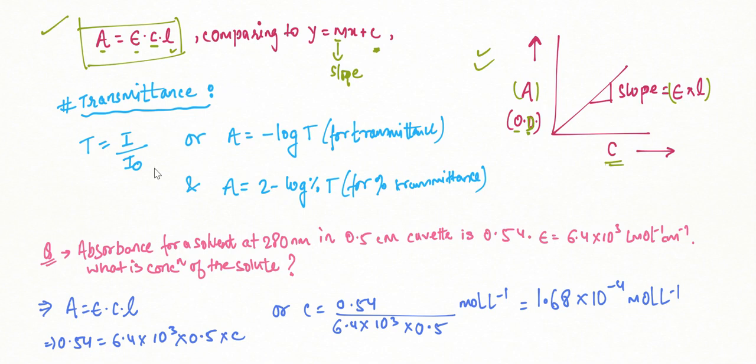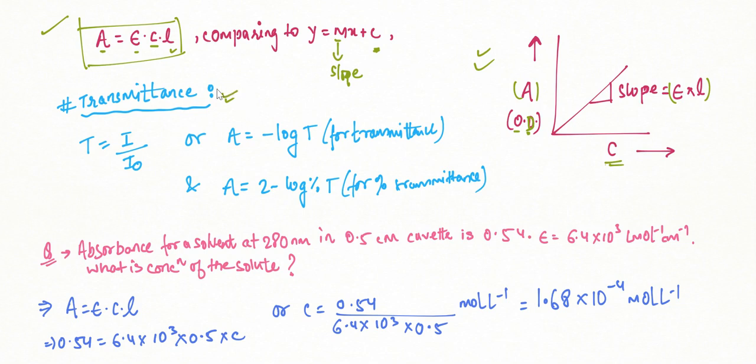Alright, so there is one more term which is very frequently used, and it is the transmittance. So what is transmittance? We had just discussed that whenever the solution has absorbed some of the incident light, it cannot always absorb all of it, so some of it is absorbed and some of it is transmitted.